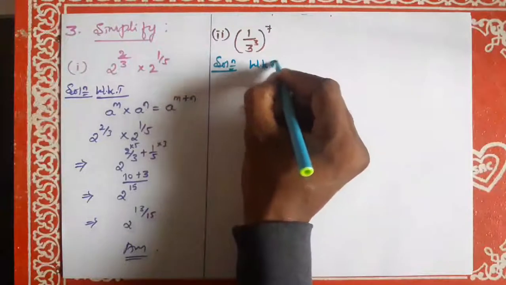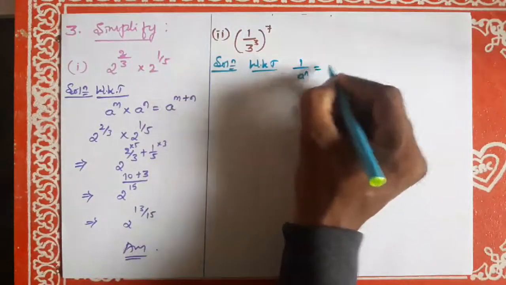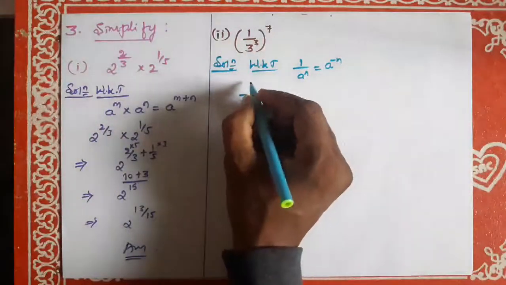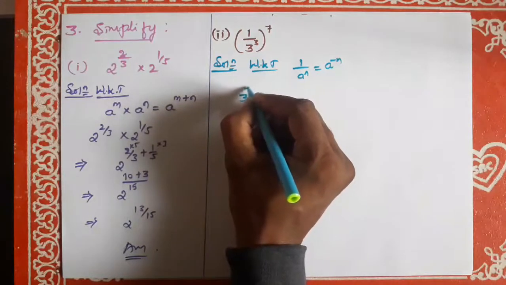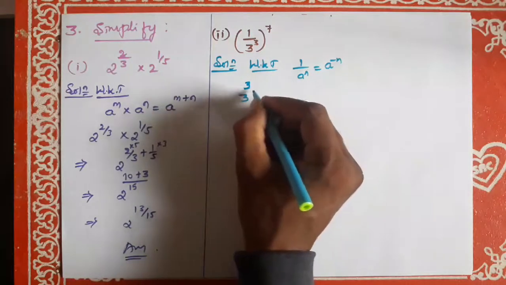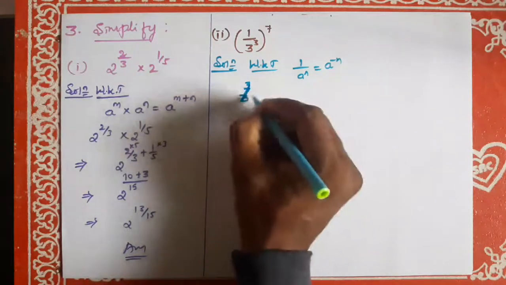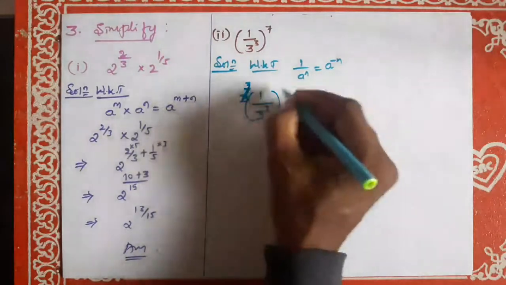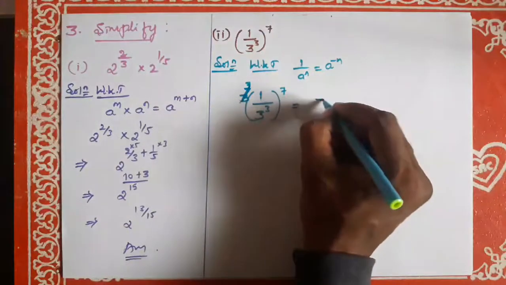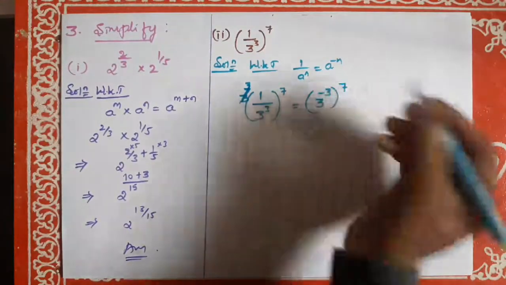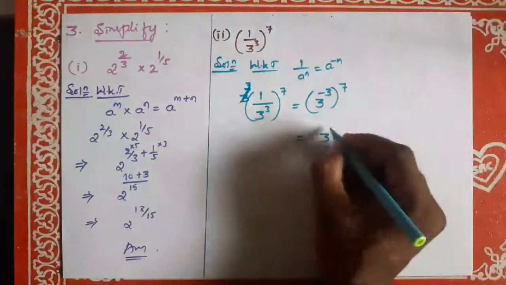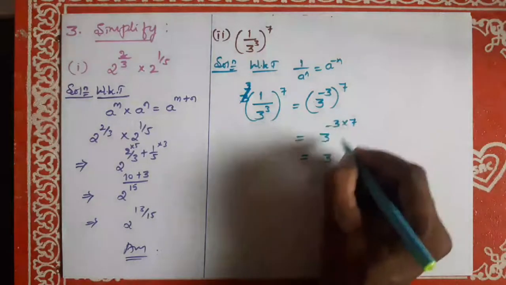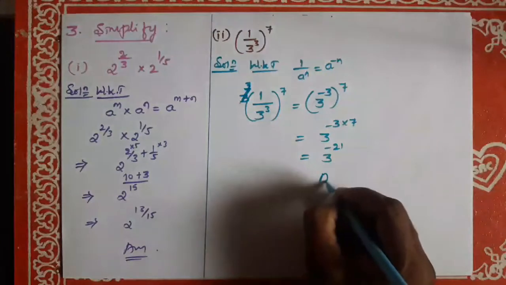We know that 1 divided by a to the power of n is equal to a to the power of minus n, so it can be written as 1 divided by (3 to the power of 3) whole to the power of 7, which is equal to (3 to the power of minus 3) whole to the power of 7, which is equal to 3 to the power of minus 3 into 7, that is 3 to the power of minus 21. This is the answer.